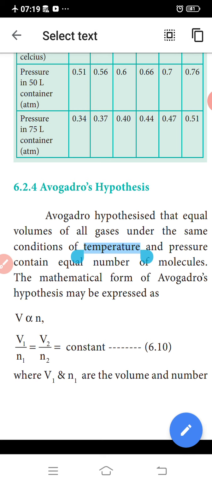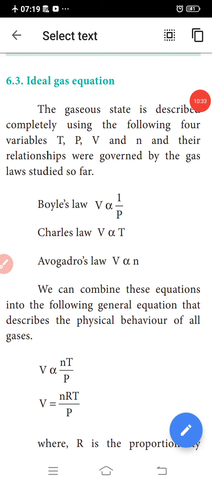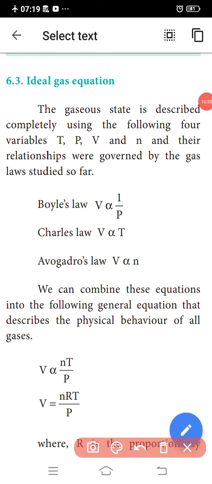The next one, discuss the ideal gas equation. We already discussed the Boyle's law formula, V inversely proportional to P, the Charles law formula, V directly proportional to temperature, and Avogadro's law, V directly proportional to N. So we can combine these equations in the following general equation that describes the physical behavior of all gases.